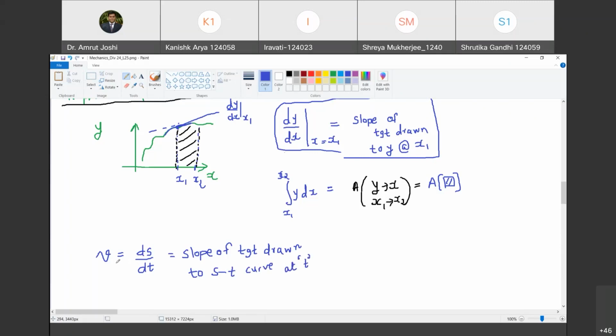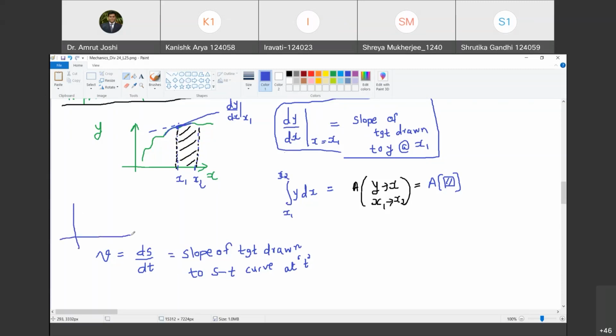If I ask you to calculate velocity at time t equal to t1, what should I do? I should calculate ds by dt at time t equal to t1. Are you with me? Yes, sir. Or in other words, what should I do graphically? At time t equal to t1, I should draw a tangent to the st diagram, measure its inclination with reference to the horizontal, and take the tan of that. Are you with me? Yes, sir.